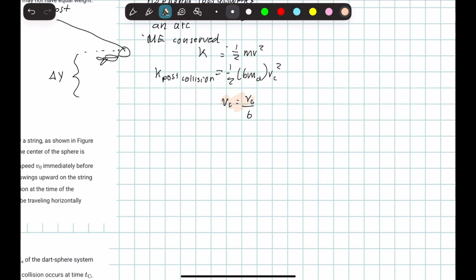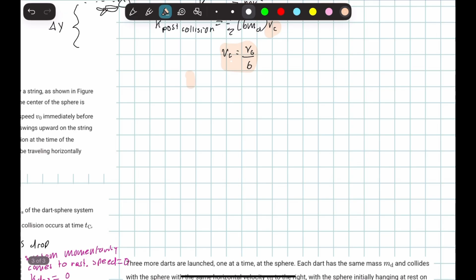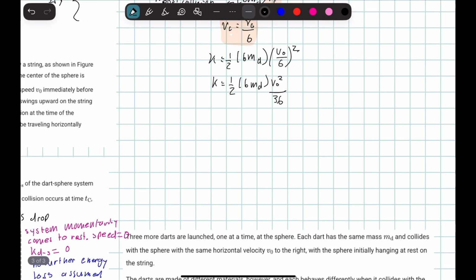Then k is equal to 1/2 times 6md times v initial over 6, squared, which is 1/2 times 6md v initial squared over 36. K is going to equal md v initial squared over 12.